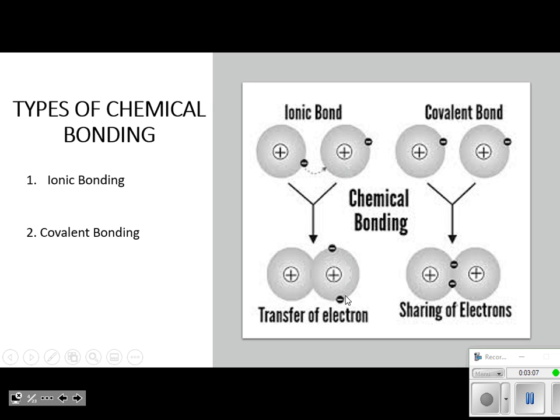So we have an electrostatic force, a positive and a negative, that hold these together. This is covalent bonding on the right-hand side, and what happens is these two atoms share both of the electrons, okay? So there is the sharing of electrons. So the difference between ionic and covalent, one is being shared, one is being transferred.